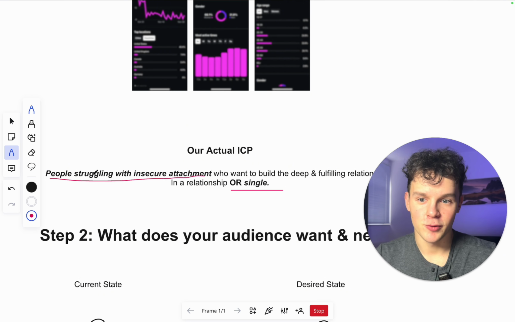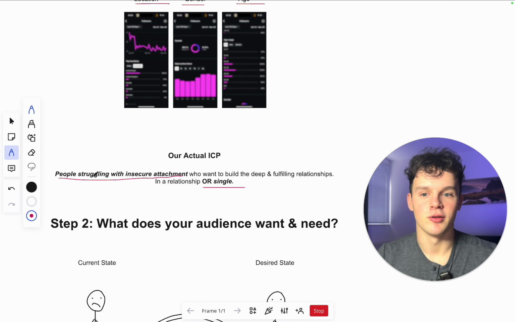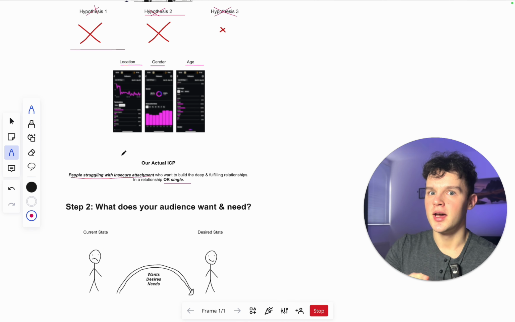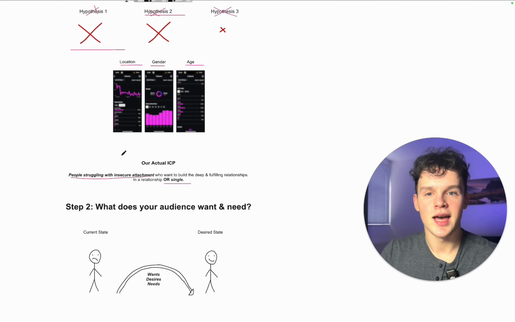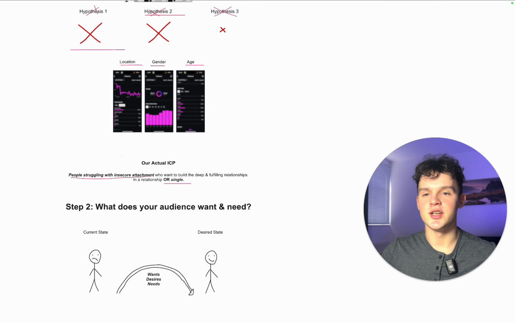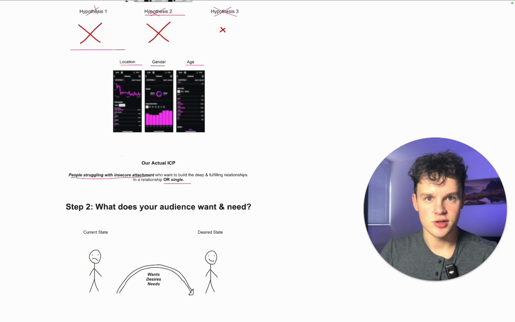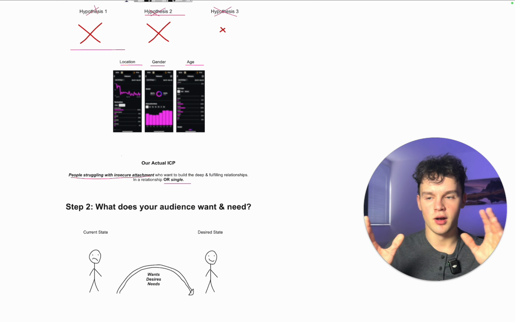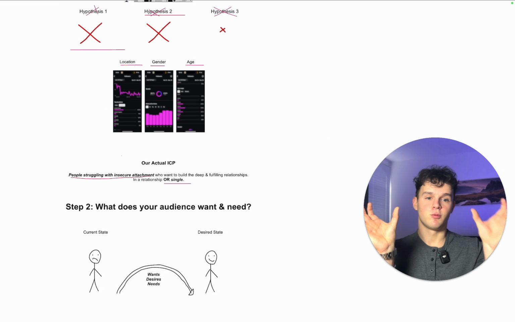So the first one, we have already found out. We already saw that most people don't necessarily have an avoidant attachment style. More generally, they just have problems with attachment styles in their life. That means that they are rather anxious. So not really on the avoidant side, but both parts of the spectrum, because it's a spectrum. Obviously, one side is anxious, one side is avoidant.